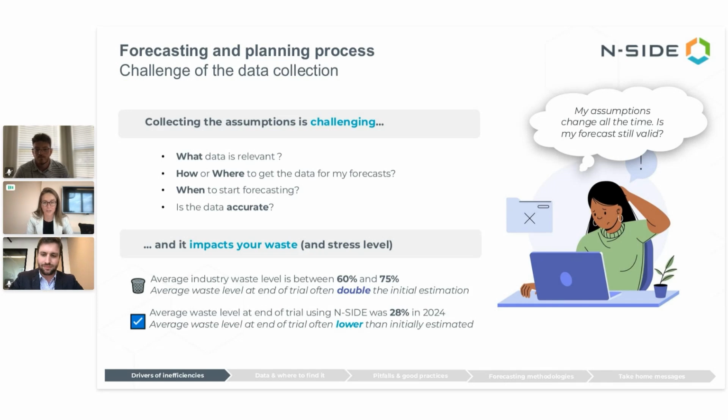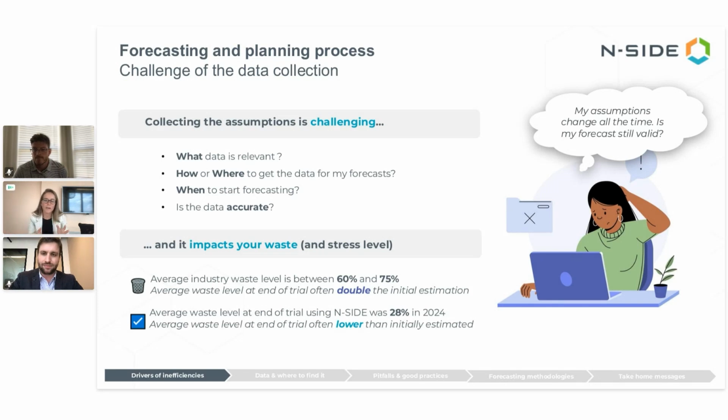So that's huge. And that's usually twice more than what we are expecting at the start of the trial in the early stages. So looking at this, it's a huge inefficiency. And again, this is a globally recognized average throughout all the trials, all the indications and therapeutic areas.